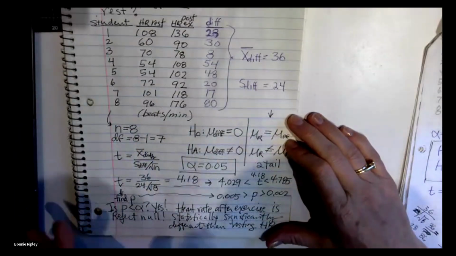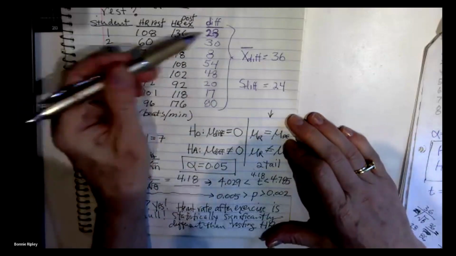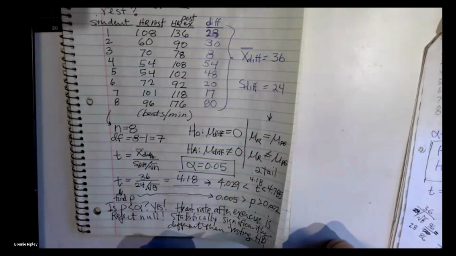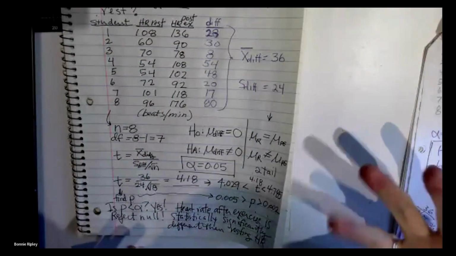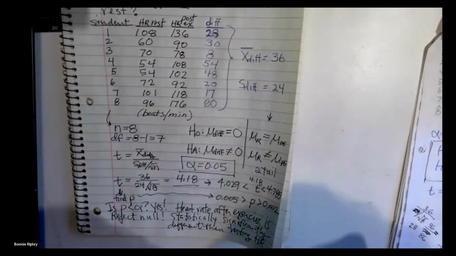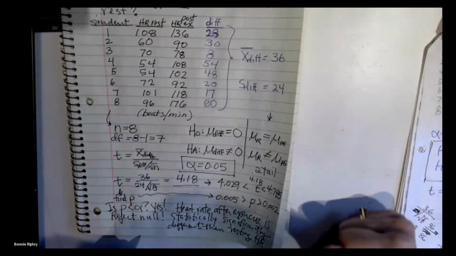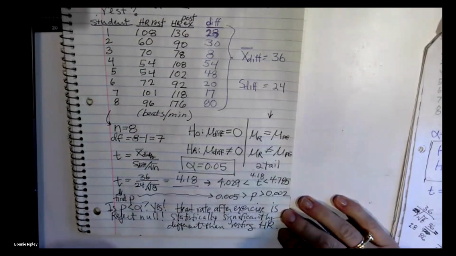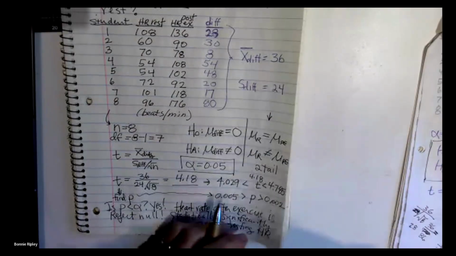All right. And we still have a lot of variation in this amount of difference, and that's going to depend on people's amount of exercise they do normally, and how hard they were trying when they did the walking in place. All right. That is the end of problem 3.